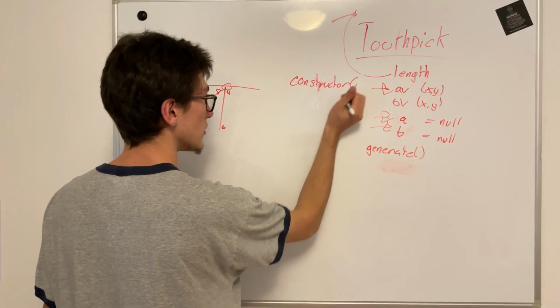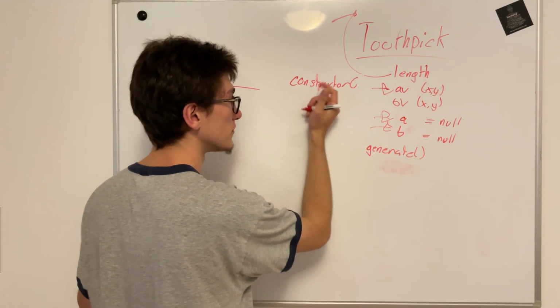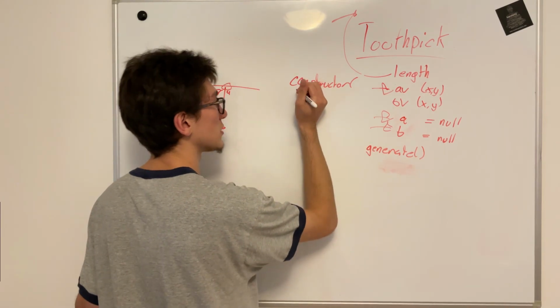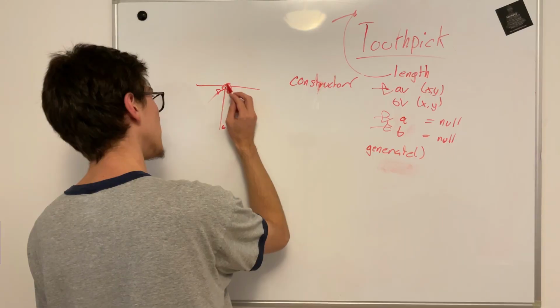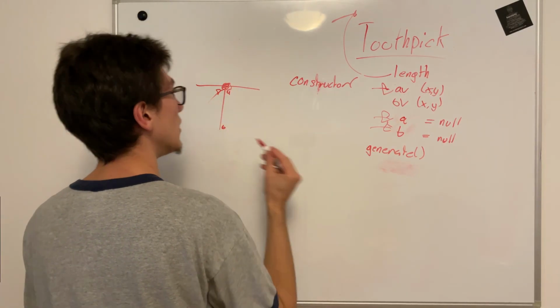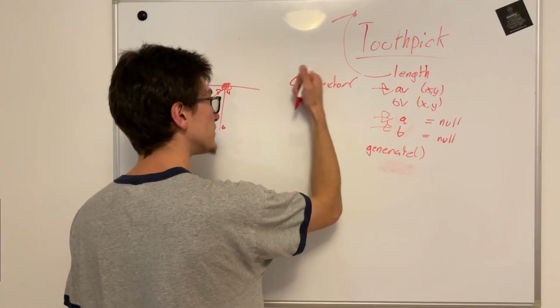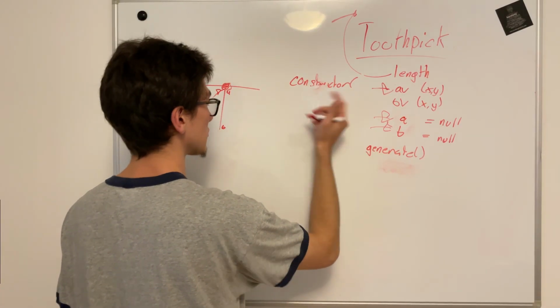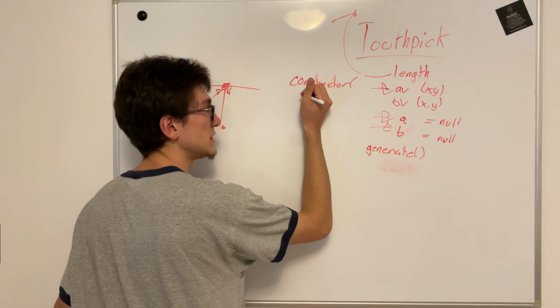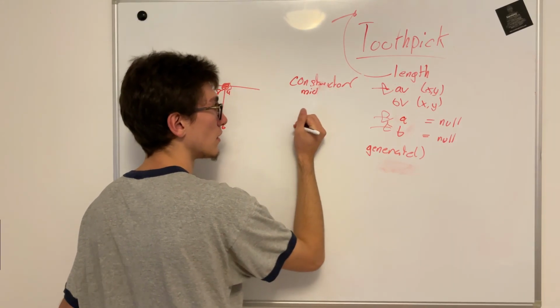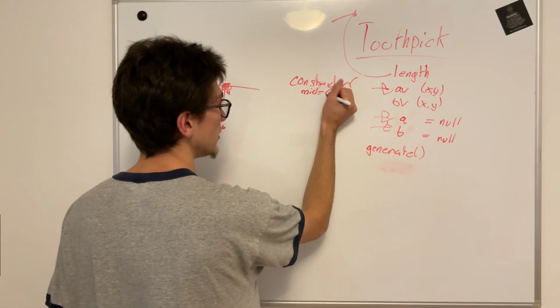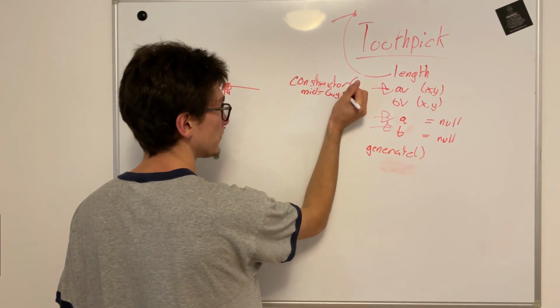So open parentheses here, right? The constructor would receive this point over here. So this point should be O. Well, it's constructor. Anyway, so we'll receive mid, right? So the midpoint. And then this will be X, Y.